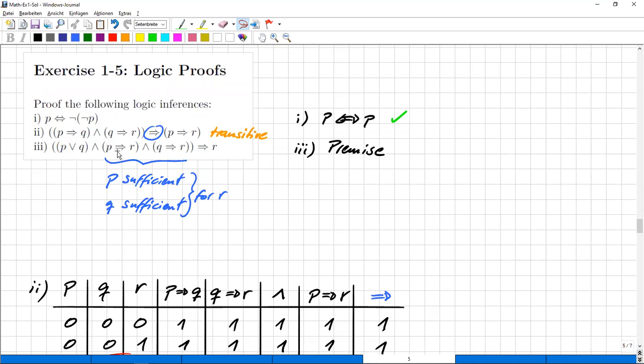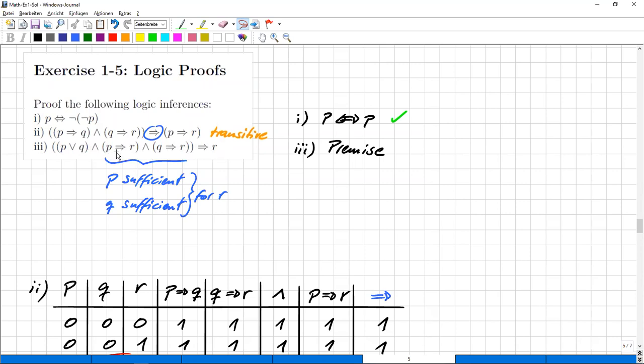But if they're both false, also both premises get false, and then we won't have a problem immediately, because in the end, well, then you must look at what results. But the interesting conclusion here is that the whole thing implies R.